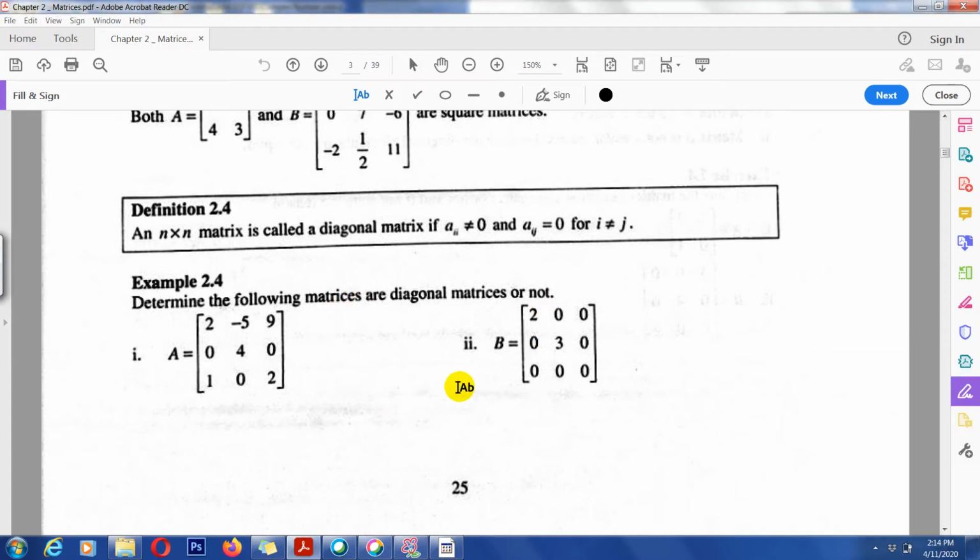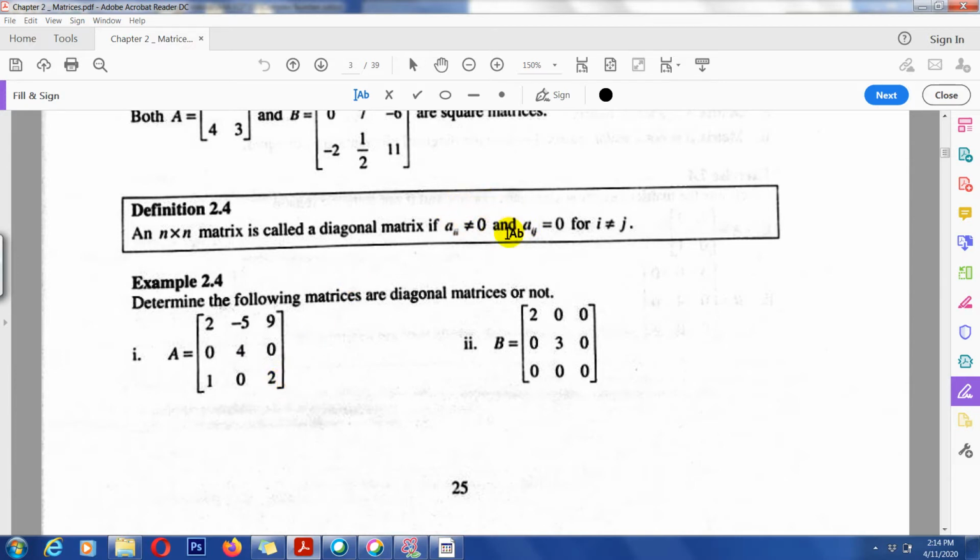Meaning here, is A diagonal or not? A_ii is not equal to 0, so here is A11, A22, A33, and these are not equal to 0.